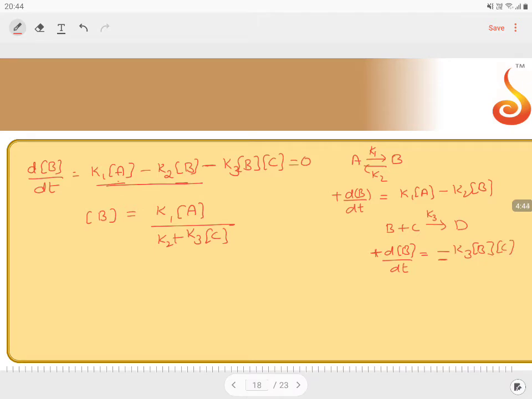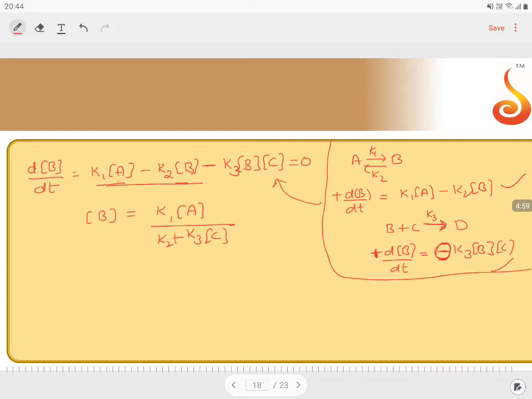Because we are talking about formation of B, but in the reaction it is decomposition, exactly the opposite nature. So overall dB by dt is this one plus this one.